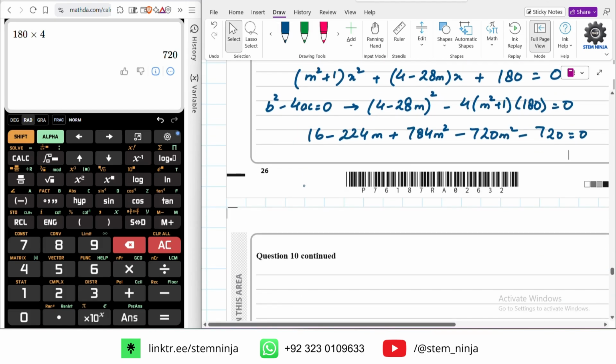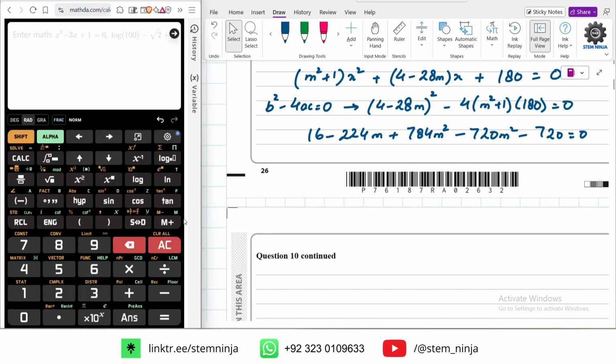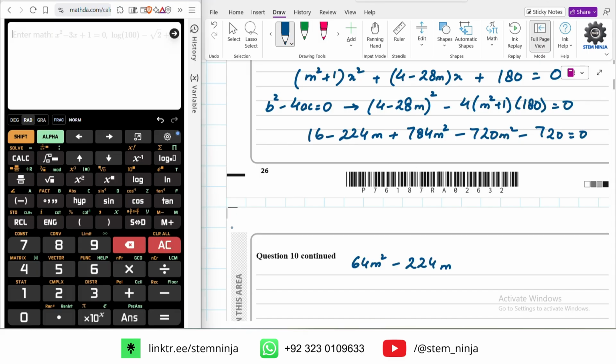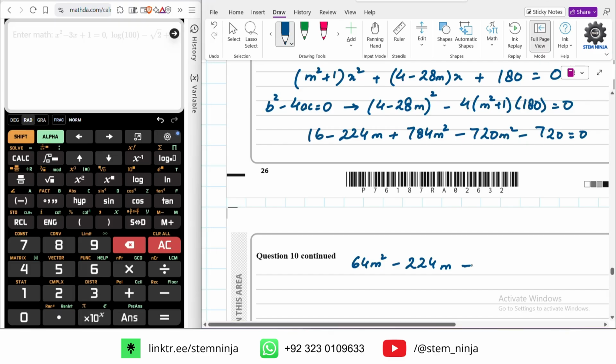Right, okay, now let's simplify. So 784 minus 720 is 64. 64m squared minus 224m, and then 16 minus 720 is minus 704.